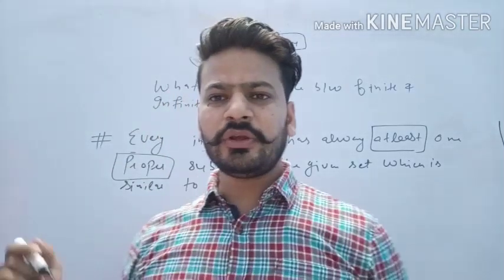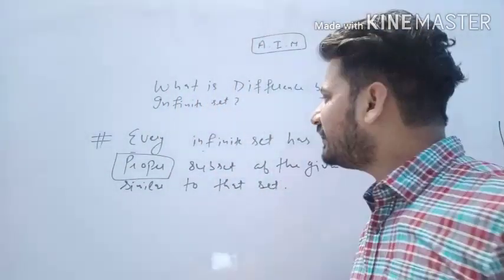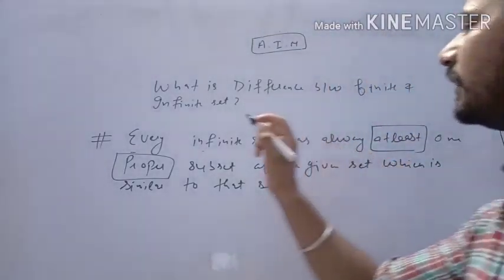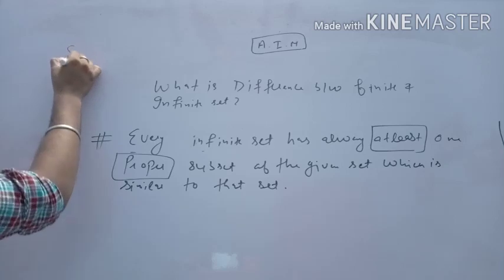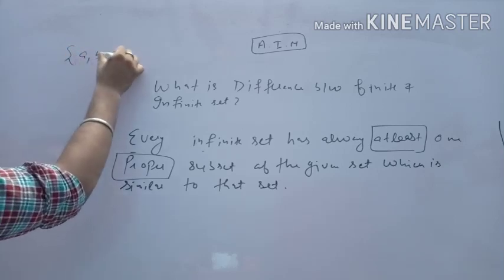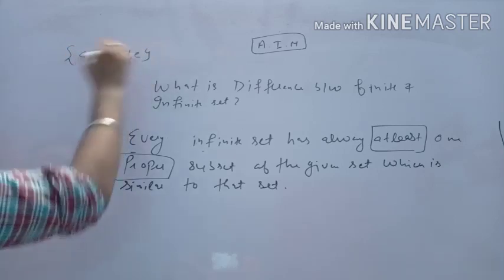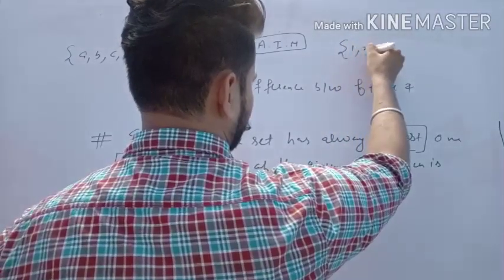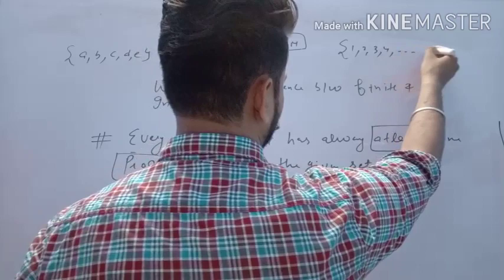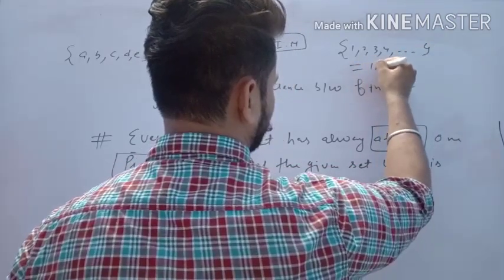What is the actual meaning of this definition? Let's clear it with an example. Set A, B, C, D, E, and this side 1, 2, 3, 4 and so on. This set is equal to the natural numbers.